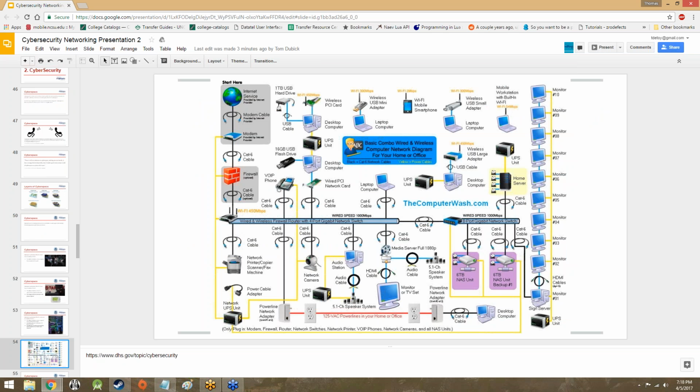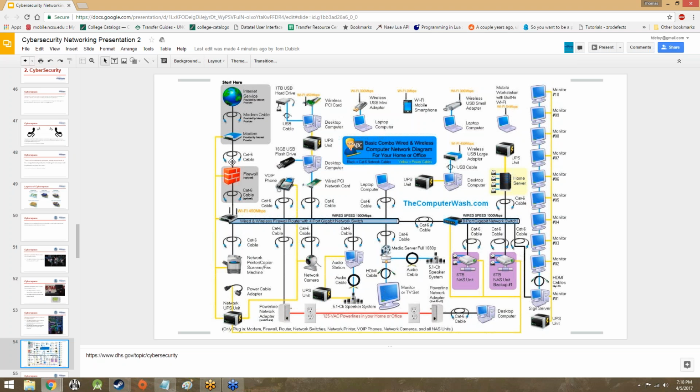Anyway, there was this diagram which we stopped on last time around. This basically lists all the different possible connections that exist on a network. So you start up here with internet service and then it connects to a modem.